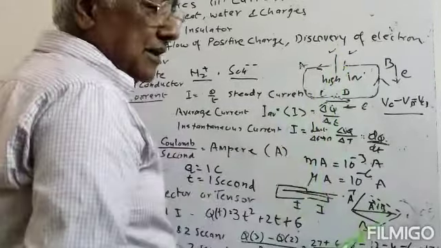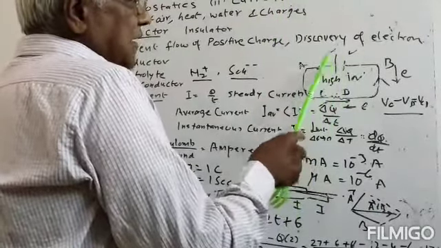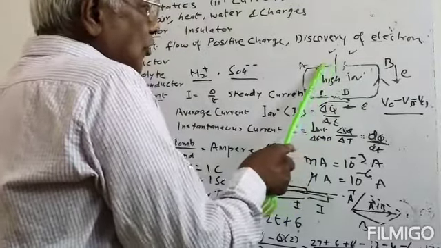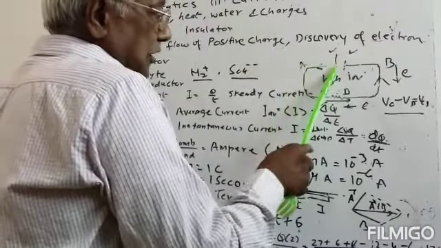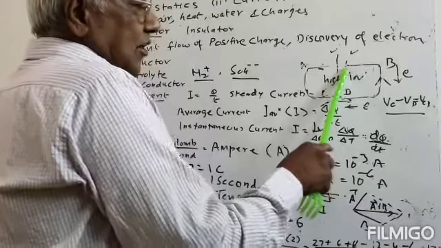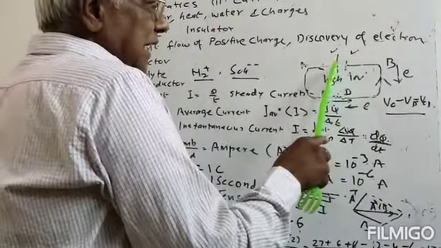It is the work done by the source so that one unit positive charge moves from point A, the positive of the battery, to the negative of the battery, only in the external circuit, not inside the cell.